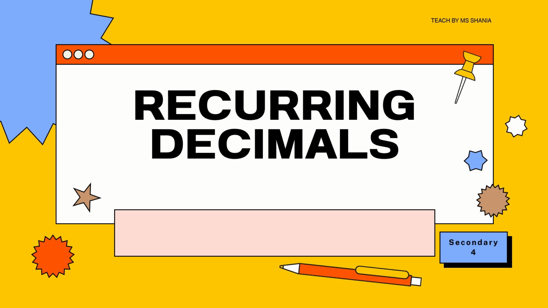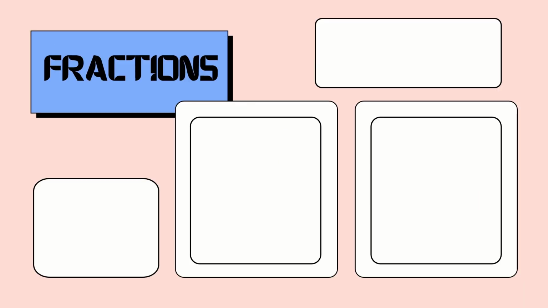Okay, so the second topic of today's lesson is recurring decimals. And the learning objective of this lesson is to convert recurring decimals to fractions. So fractions can be written in two kinds of decimals.